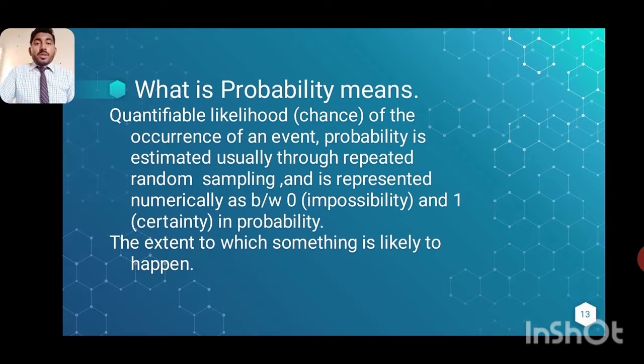It is the extent to which something is likely to happen. It means we take a random sampling, and the probability can be between 0 impossibility and 1 certainty.